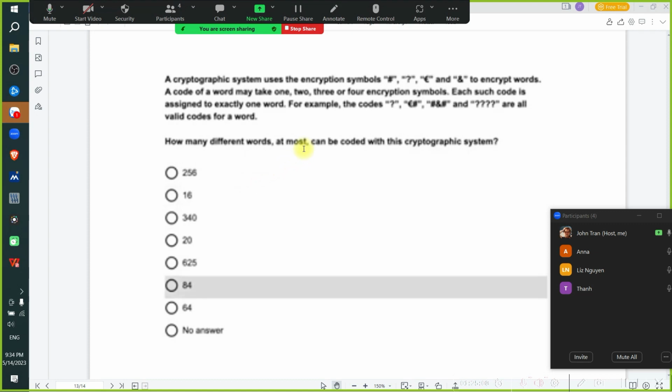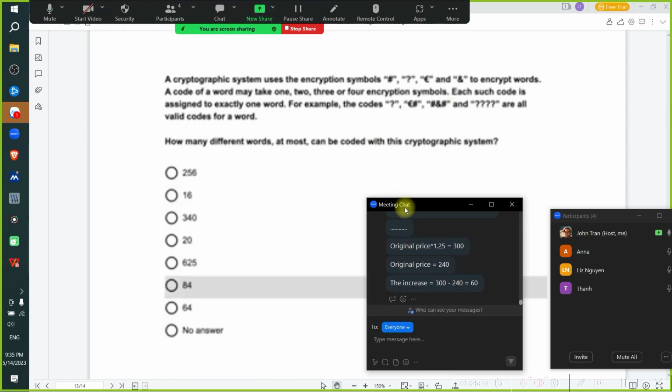At most có thể tối đa nhất là có bao nhiêu từ có thể được mã hóa với cái hệ thống mã hóa này. So how you do this one now?